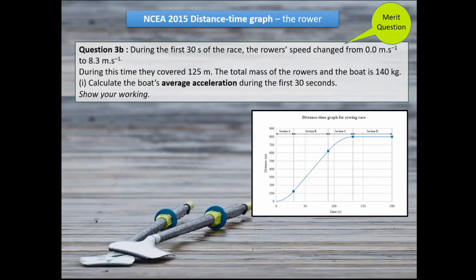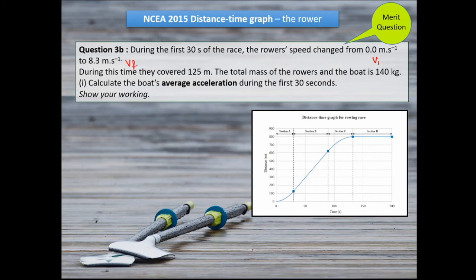Question B for the same year. During the first 30 seconds of the race, the rower's speed changed from 0 to 8.3. So can you see that this is speed initial? And over here we have speed final.